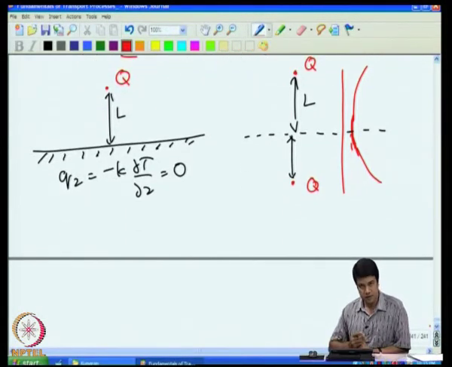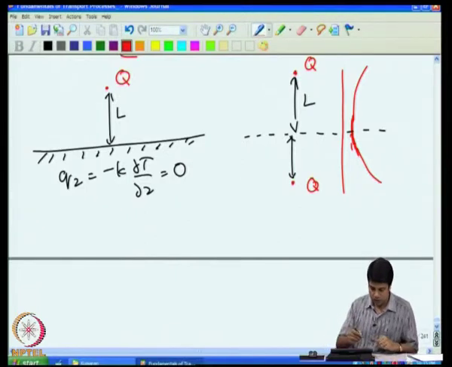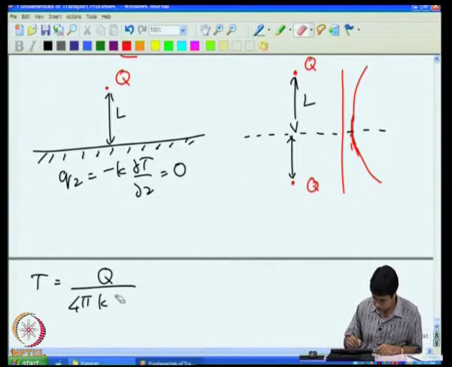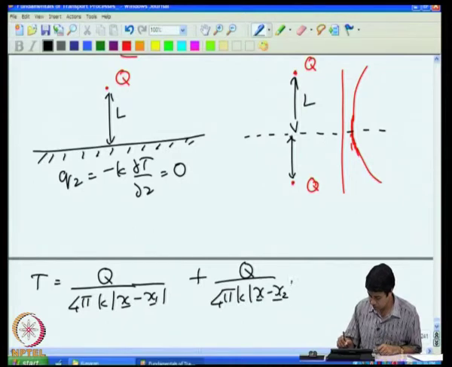Now, the solution for this is easy to write as well. I have a source plus q, and a source plus q below, and therefore, the temperature field will be written as q by 4 pi k into x minus x 1, plus q by 4 pi k into x minus x 2.